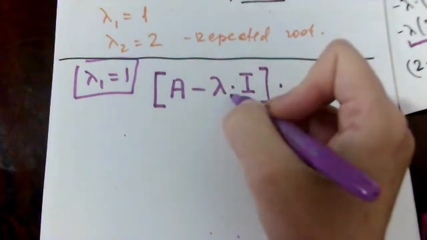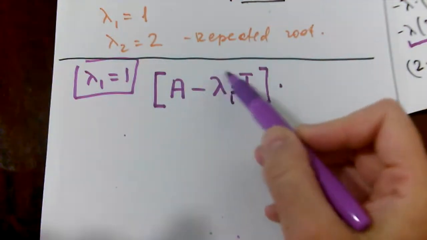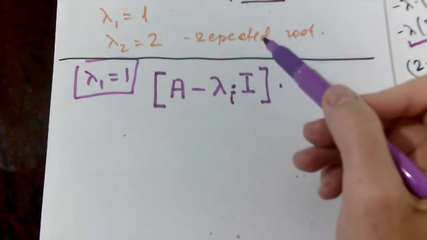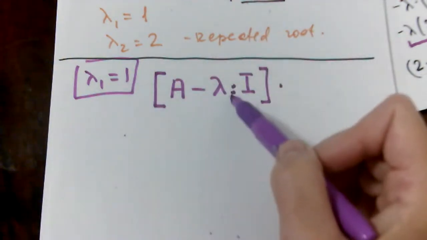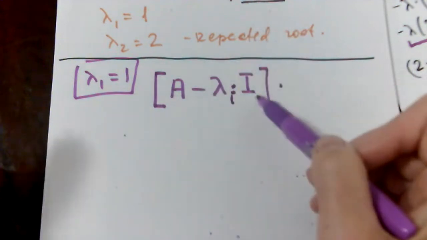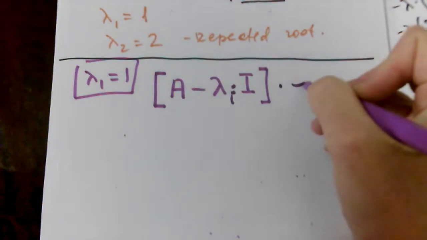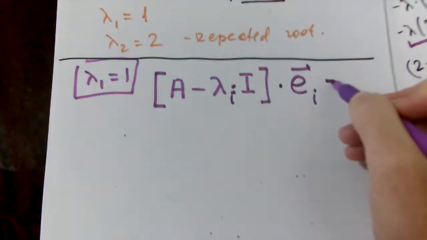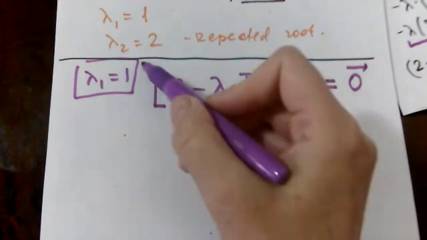Another difference is I put here the subscript i, lambda i, because it means that we are now using the current lambda. We have two lambdas, we have a choice of lambdas. So for the current lambda, which can be lambda 1 or lambda 2, I'm using its own particular equation. So what next? Times our eigenvector, x, again. And it's all equal to 0, or rather the 0 matrix.